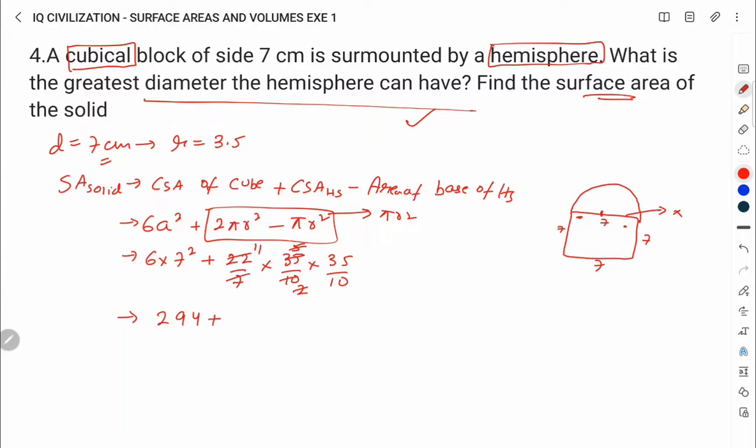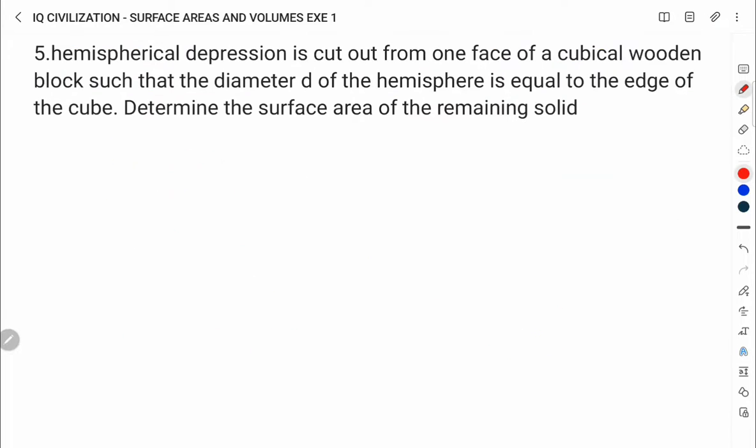So 35 into 11, that is 385. Okay, 385 by 10. So that is nothing but 294 plus 38.5. So that is nothing but 332.5 cm square. Over.